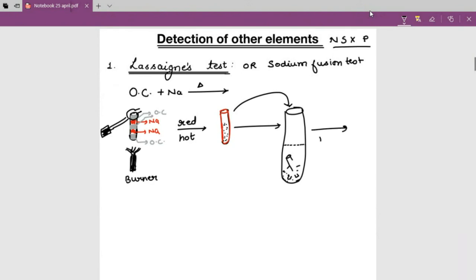Now I will boil this, and then we'll filter. Okay, now we will filter our content.